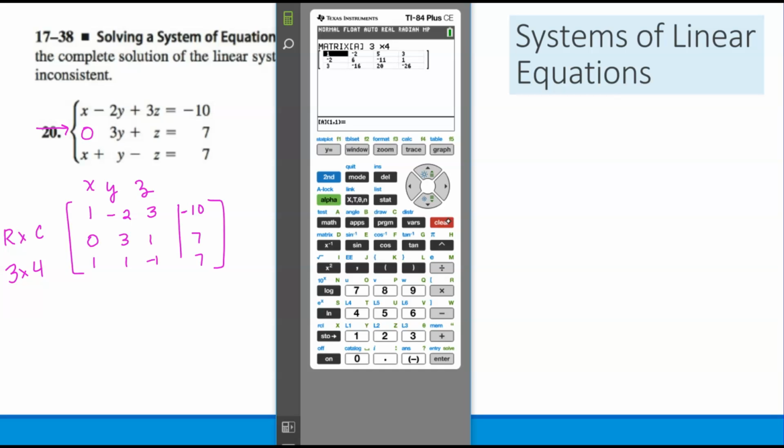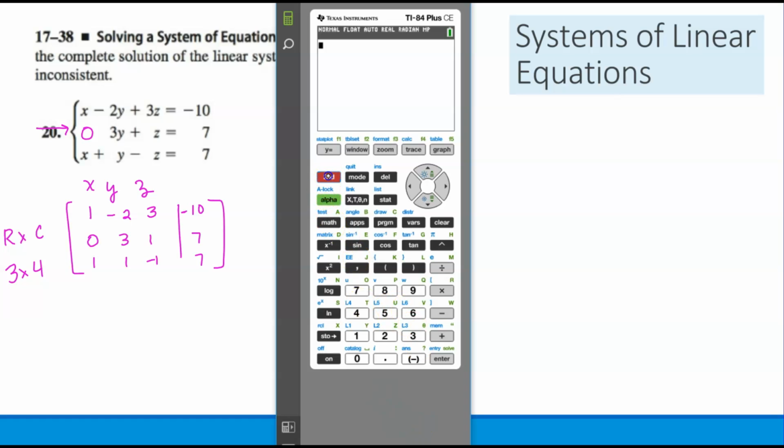We'll look at row 1. So for row 1, we have 1, enter, -2, enter, 3, enter, -10, enter. Next row, 0, 3, 1, 7, 1, 1, negative 1, 7. Okay, let's try that again.